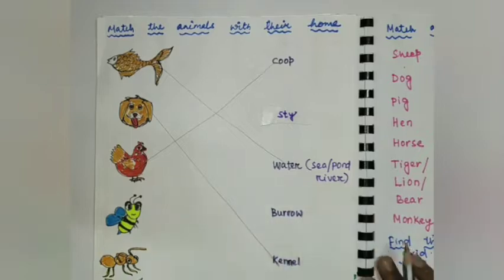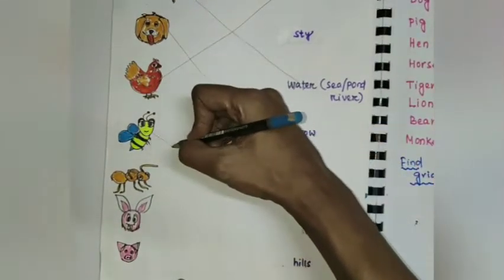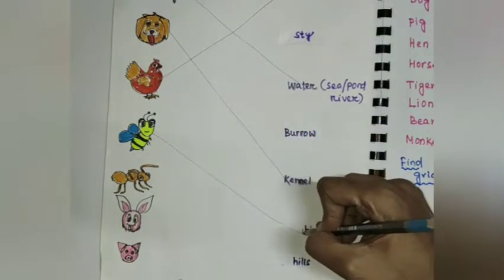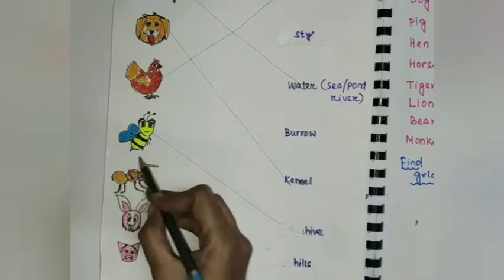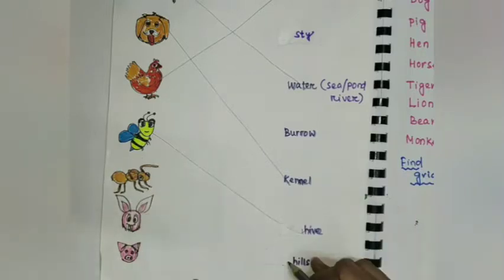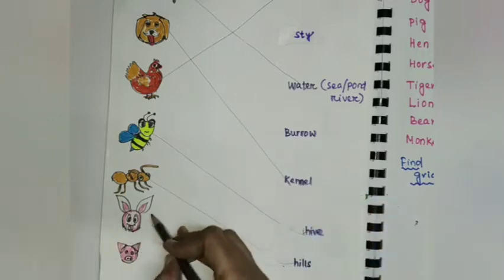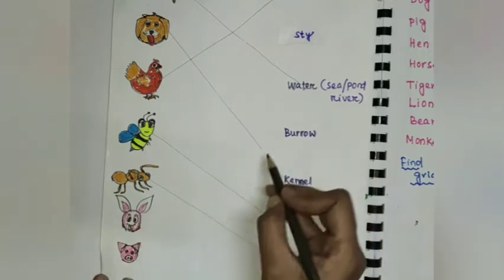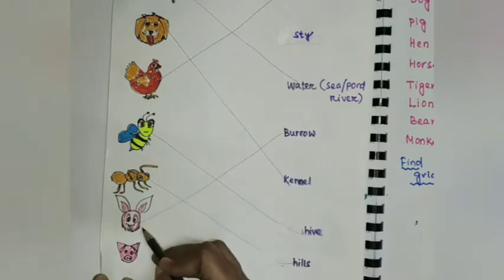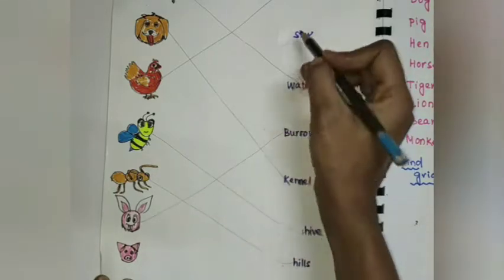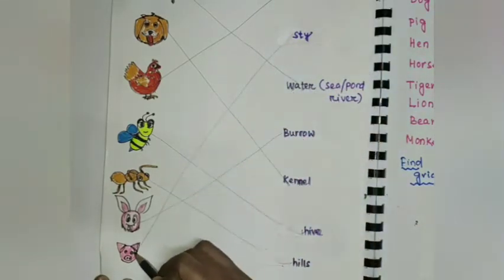Then this one is a bee, and the bee's house is a beehive. You can say hive. This one is a picture of an ant, and it lives in a hill. Ant hills, we also say ant hill. This one is a picture of a rabbit, and the rabbit lives in burrows. Then this one is a pig, and the pig lives in a sty.